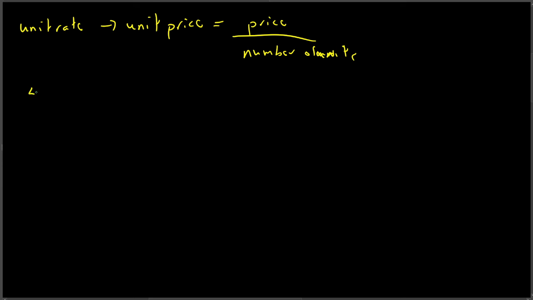So I can buy 4 bars of soap in a package for 99 cents. Or I can buy 5 bars of soap in a package for $1.19.